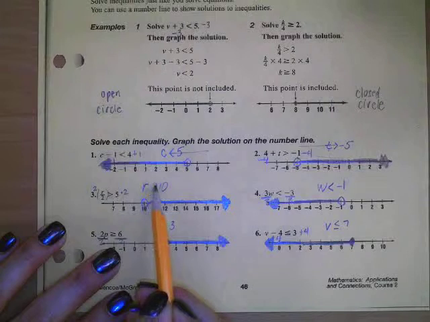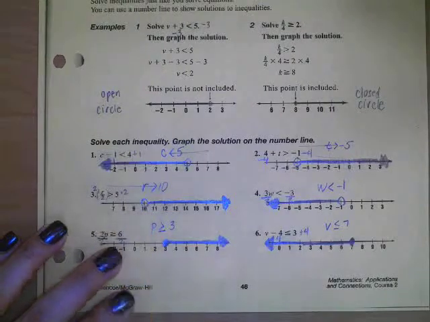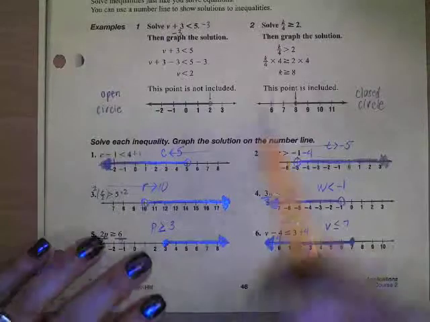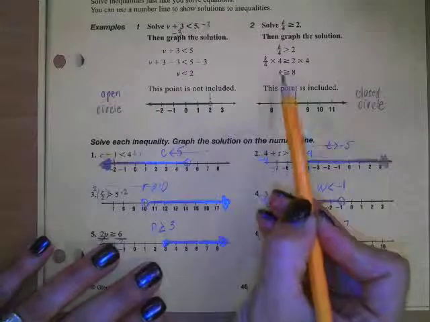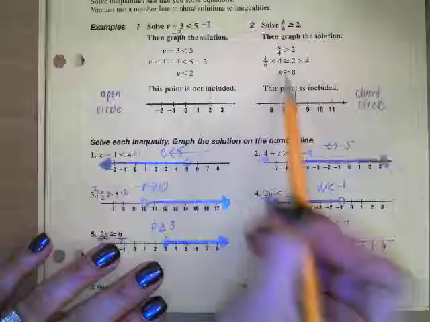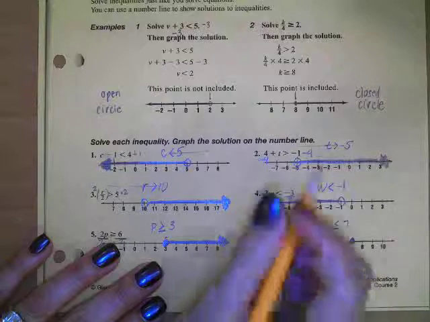If I take this symbol and make an arrow out of it, which way is it pointing? Isn't it always, with less than and greater than, they're always open, and then the less than or equal to... You're right, sir. If you see this equals sign underneath there, you're going to put a solid dot. You're going to color in your dot.